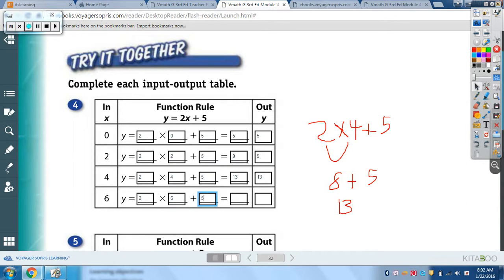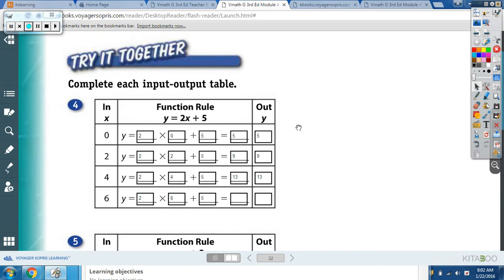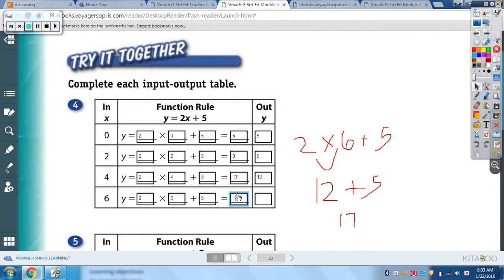Once again, we follow the order of operations. 2 times 6 is 12. And we have plus 5. And 12 plus 5 is 17. So our output value, or our y value, will be 17.